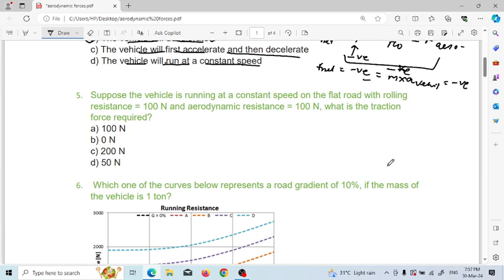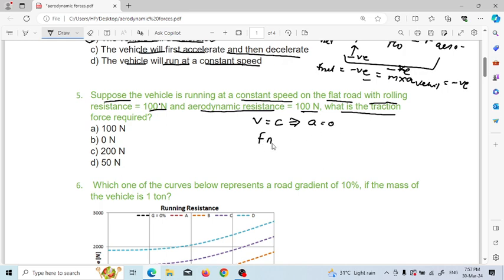Next, question number 5. Suppose the vehicle is running at constant speed. Given data: the vehicle is moving at constant velocity on a flat road, with rolling resistance 100 Newton and aerodynamic resistance 100 Newton. What will be the traction force required? Velocity is constant, that means acceleration is equal to 0.